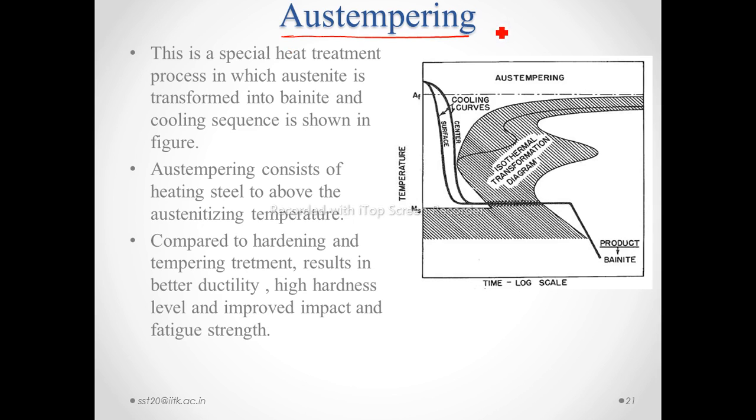This is the heat treatment process where we will get the bainitic structure. Bainitic structure is a special kind of microstructure that we get only by this Austempering process, in which we heat the sample in the austenitic region and transform it, and it is cooled in such a way that we can get the bainitic structure.